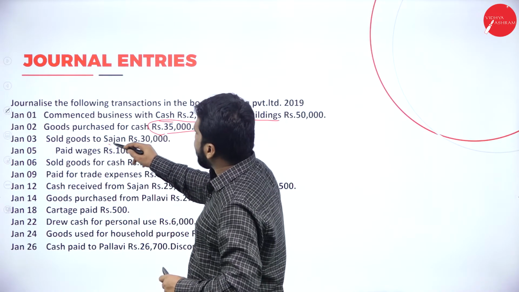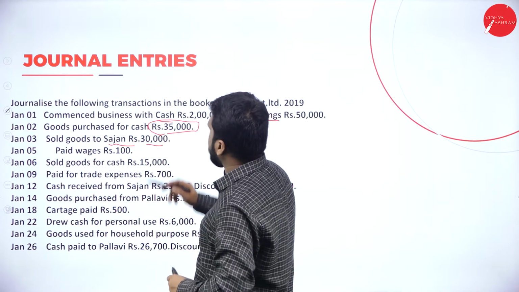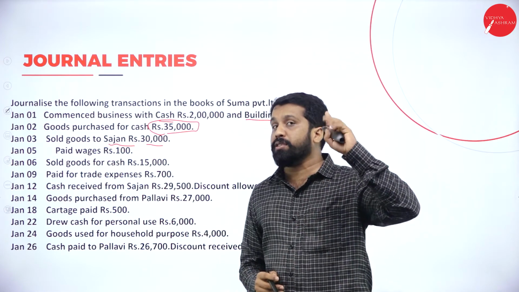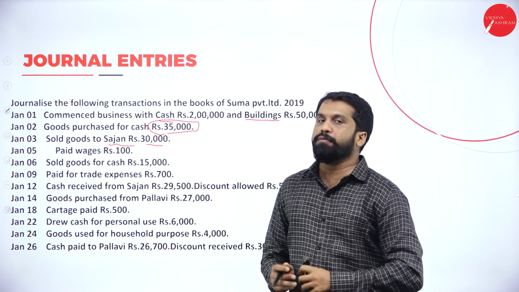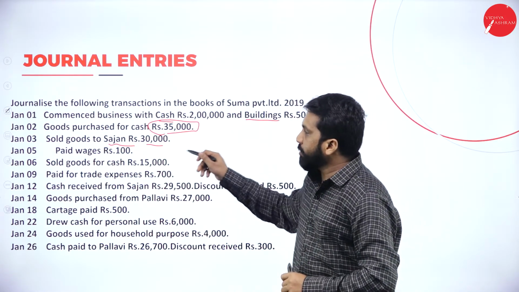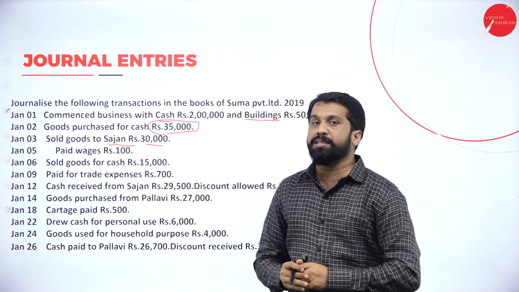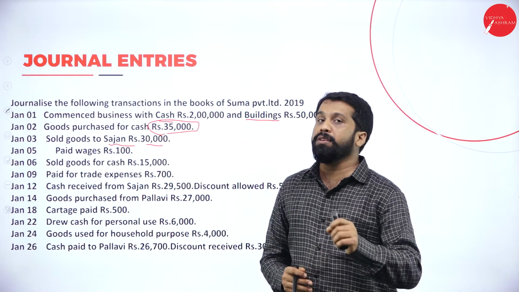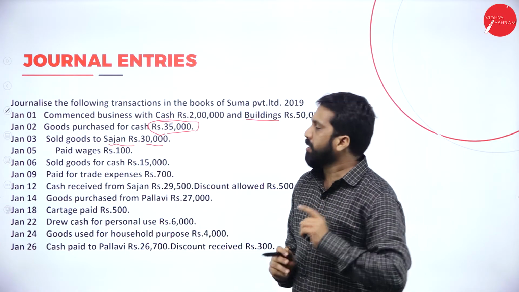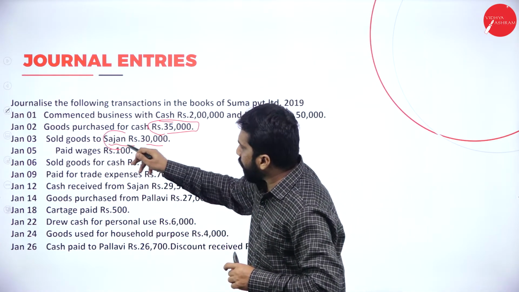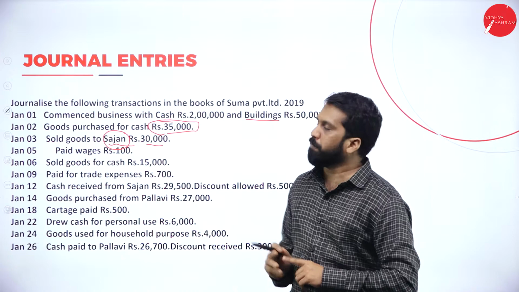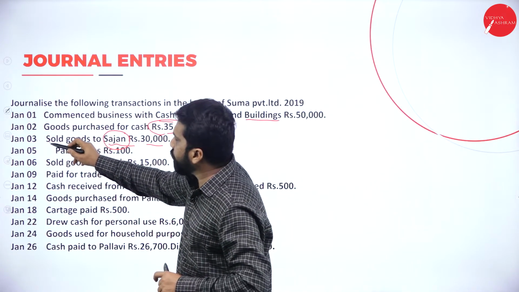Sold goods to Sarjan, rupees 30,000. Go to your last logic, fifth logic. What does the fifth logic say? There is no cash itself. If there is no cash, what will we use? We will use the name, Sarjan. Along with that, what have we sold?